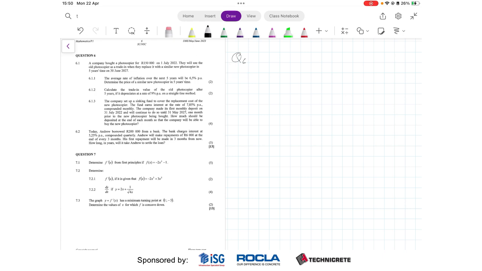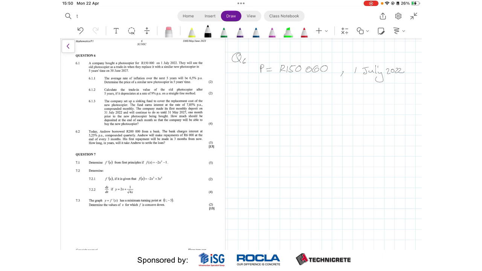So immediately this tells us that the present value or the purchase value of this photocopier is equal to 150,000 rand. Okay, this is on 1 July 2022.